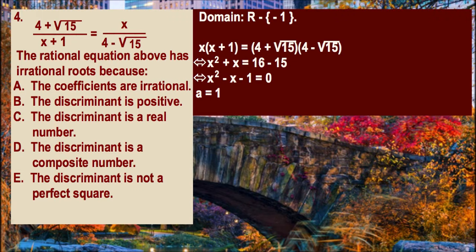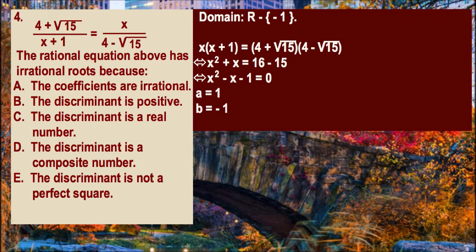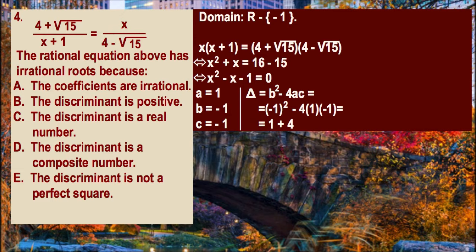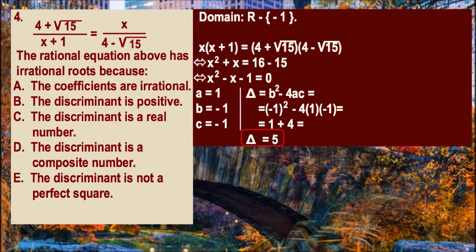A equals 1, B equals 1, and C equals negative 1. Delta is equal to b squared minus 4ac, which equals 1 squared, negative 4 times 1 times negative 1, which equals 1 plus 4. Thus, the delta is equal to 5.